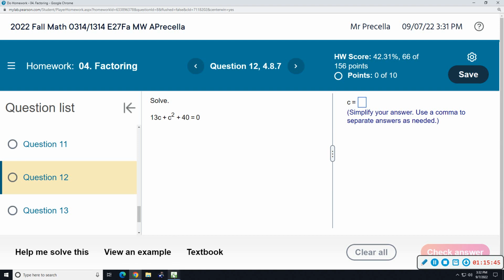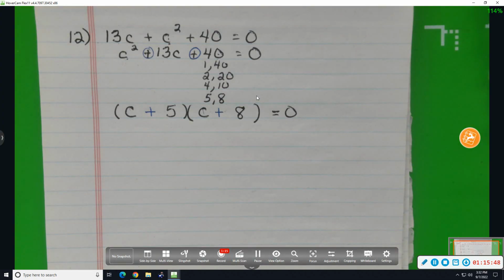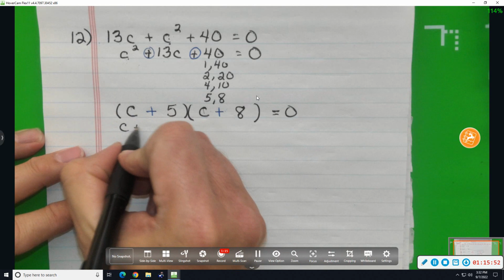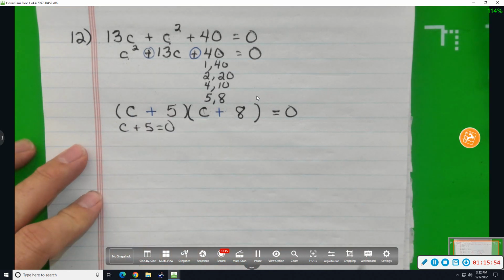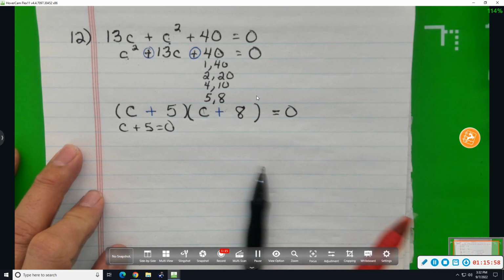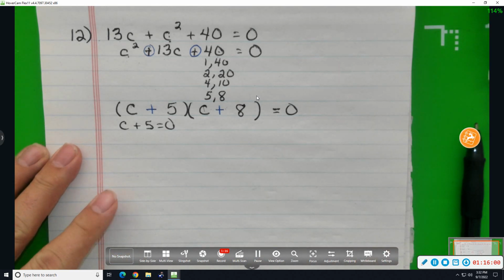So let's see, let me go ahead. Can I set C plus 5 equal to 0? How do I isolate the C? I subtract 5. Here's something that I'm going to be doing as we go through the semester.